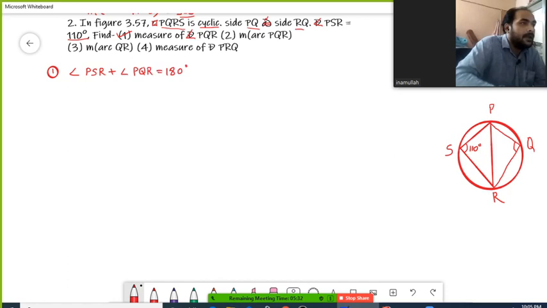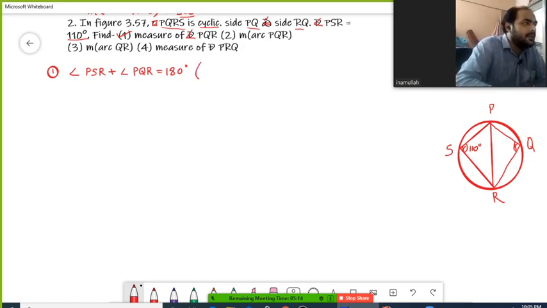I am talking about these two angles, PSR plus PQR. They are opposite angles of a cyclic quadrilateral, which must be supplementary. That is the reason the sum of these two angles is 180 degrees.